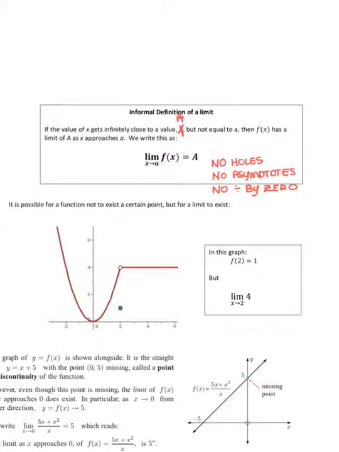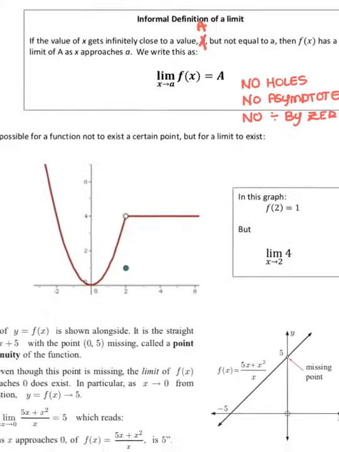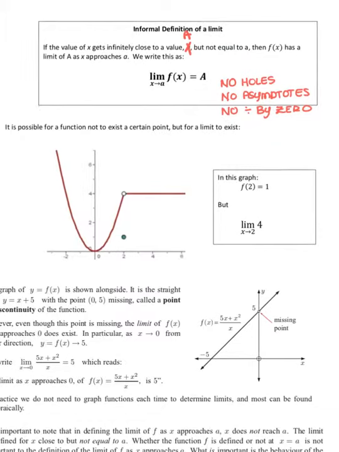So if we look here, and this is a small typo, let's rewrite this as the limit as x approaches 2 of f of x. The value of your function at 2 is equal to 1 because that value actually exists, right?